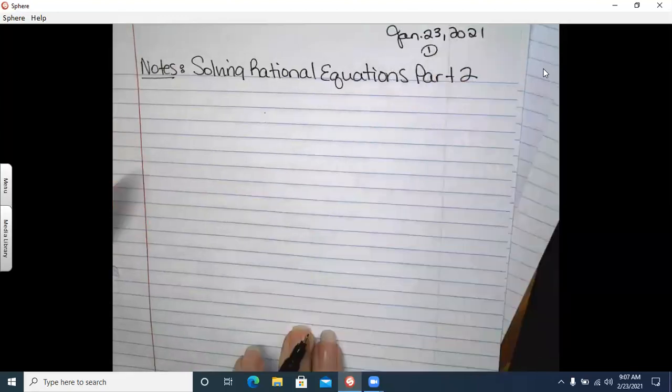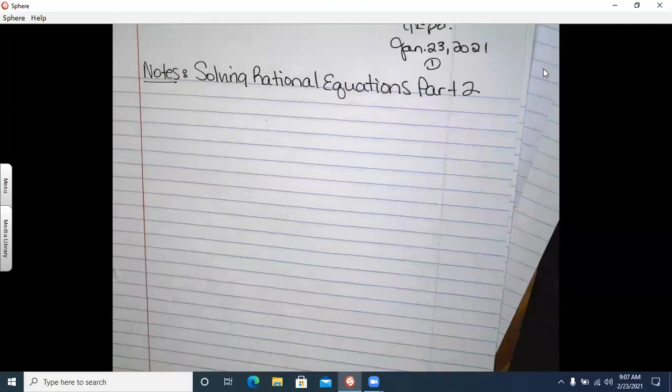Same target as last class. Don't need to rewrite it. If you were not here last class, we've already done 4 examples of rational equations, so we are already somewhat familiar with this.